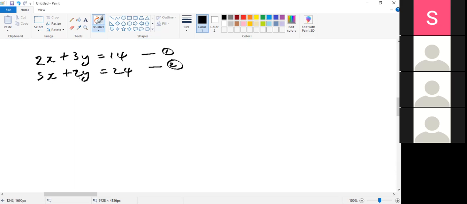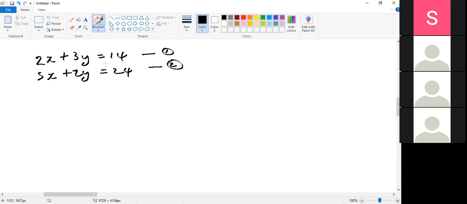In a case like this, what you can use is the LCM of the coefficients of the x terms or of the y terms. For example, we have 2 and 3, LCM 6, so I can use 6.